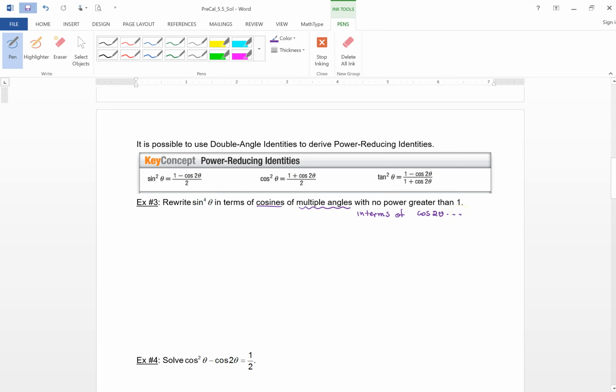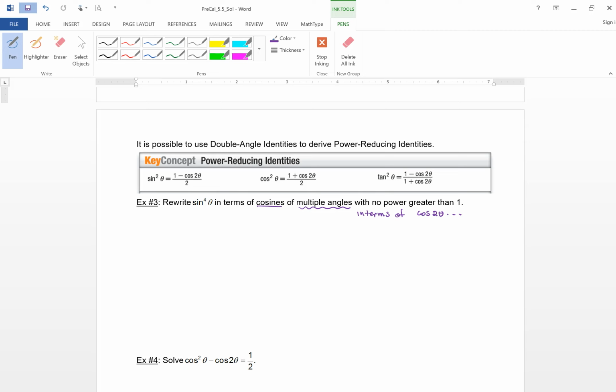You can have multiple angles like 2 theta, 3 theta, but no exponents. I have to say I'm a little bit partial to this stuff. I love it. I know everything in math is like my child and I love everything equally, but there are just some things that take precedence, and this is one of them.